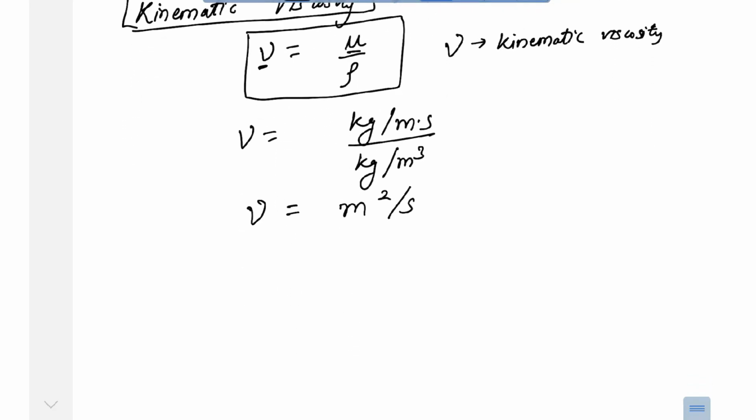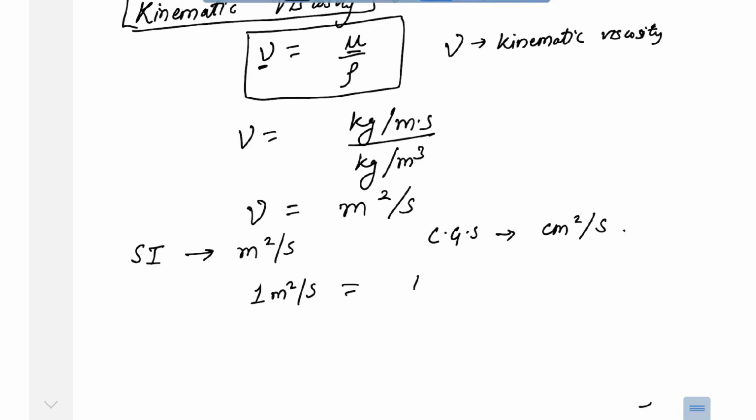The SI unit is meter square per second, but the CGS unit for this nu will be equal to centimeter square per second. And for that centimeter square per second, we can also derive the relation between the CGS unit and the SI unit. 1 meter square per second can be written as 100 centimeter square per second.